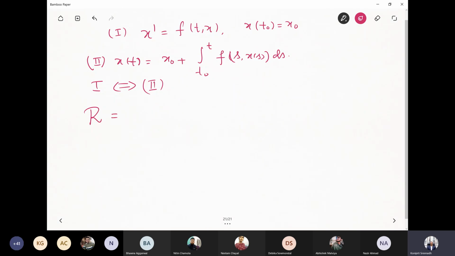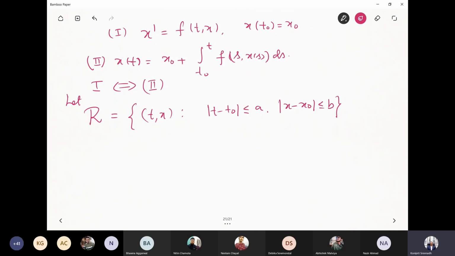Let R be a rectangle which contains the points (t, x), where |t - t0| is less than or equal to a, and |x - x0| is less than or equal to b. Take a rectangle like this.